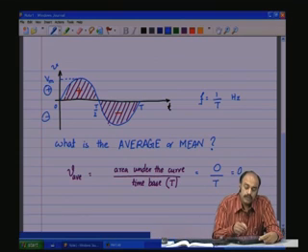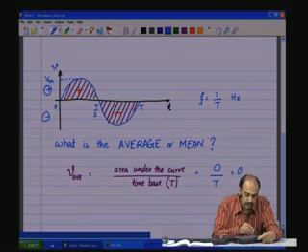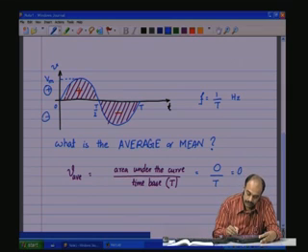So, the mean value or the average value of the sine wave is 0 because there is no DC offset. The top area and the bottom area exactly cancel, and this is a pure AC signal.